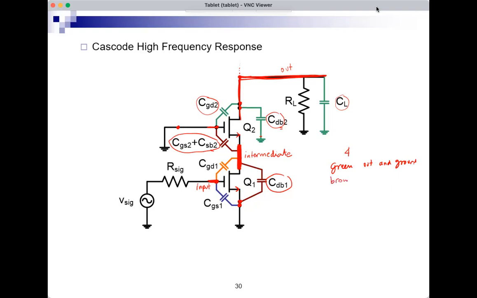Brown between intermediate and ground, blue between input and ground, and orange between input and intermediate. So orange is not between a node and ground. It's between two nodes, the input and the intermediate.